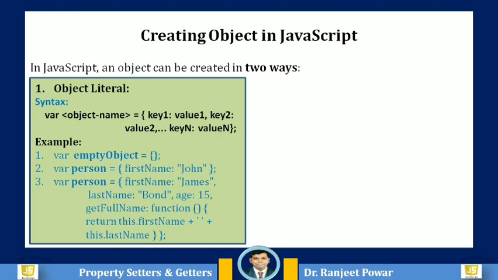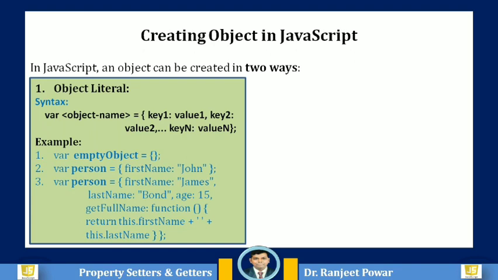Objects in JavaScript may be defined as an ordered collection of related data in the form of key value pairs. Properties can hold values of primitive data types and methods are functions.